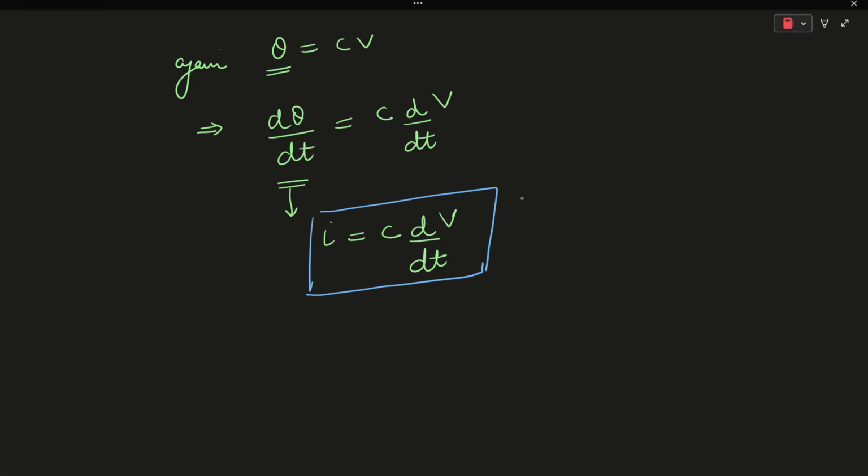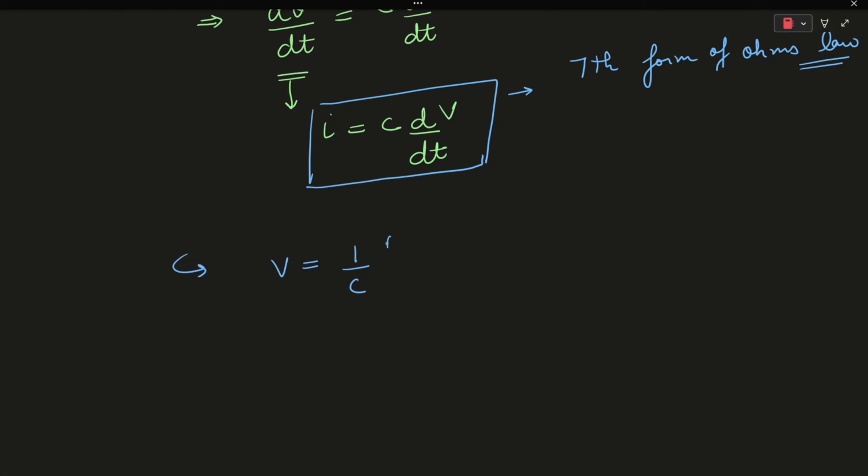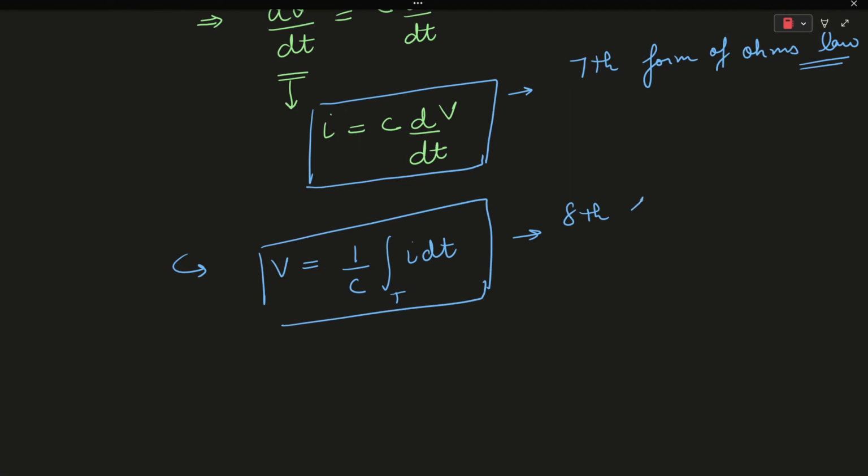This is also known as the seventh form of Ohm's law. It means that the voltage V will be equal to 1 upon C, in a given time interval t, integral of I dt. This is the eighth form of Ohm's law.